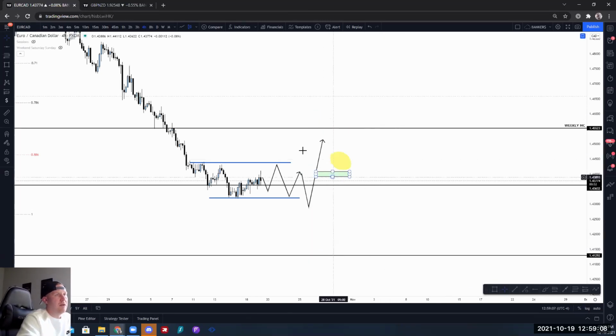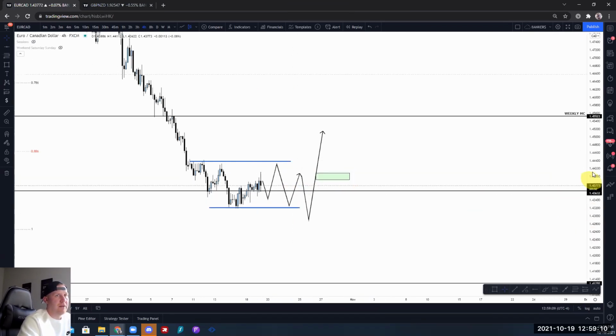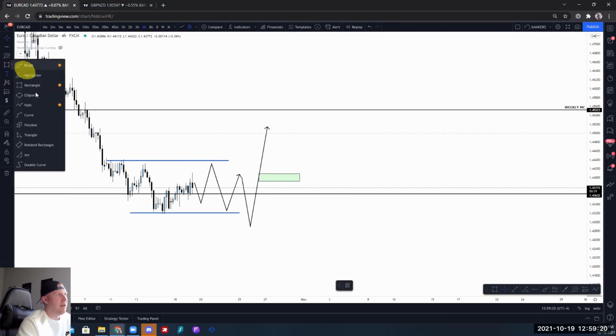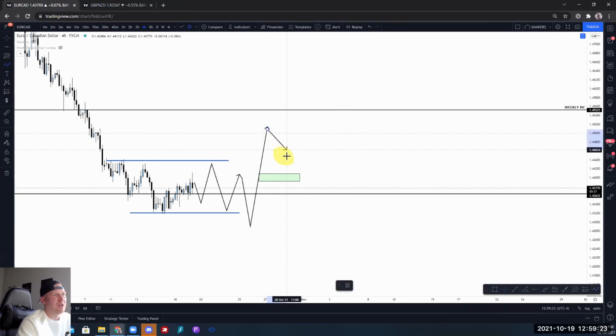Yeah, I mean, there's always imbalance after these impulsive moves, right? So you just got to be aware of a short-term high, right? Ideally, you'd want to see something like this where maybe price pushes down and pushes up and it's just making an ABC correction and runs on this low, filling a little bit of imbalance here and then runs, right?